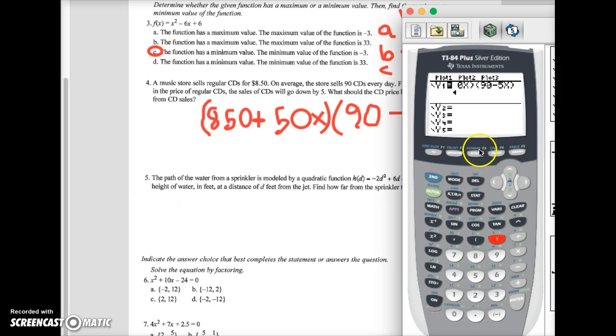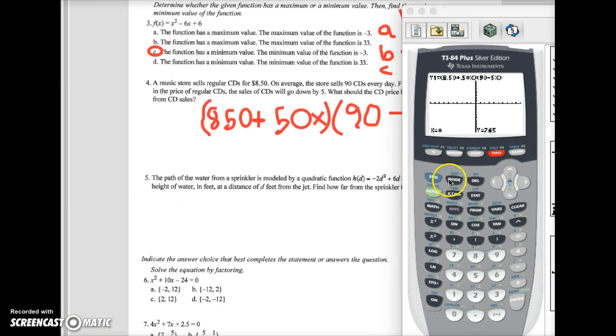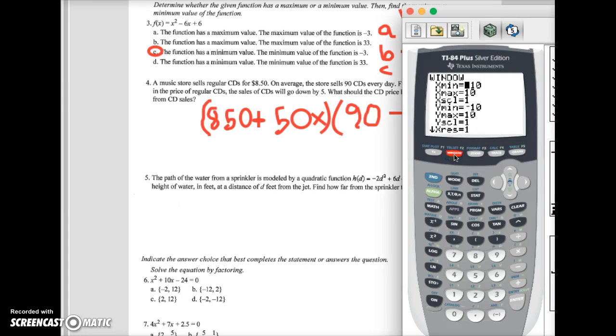And then we're going to go to the graph. Zoom 6. Notice you can't see anything. If you hit trace, it tells me when I'm at 0, the equation's all the way up at 765. What I need to do with that is change my window up to a little bit higher than 765. I'm going to go up to 800.